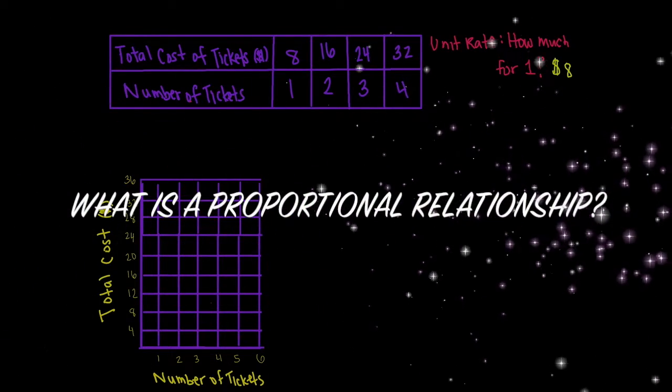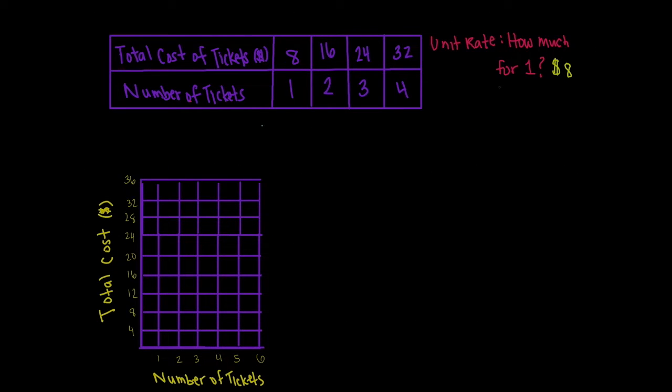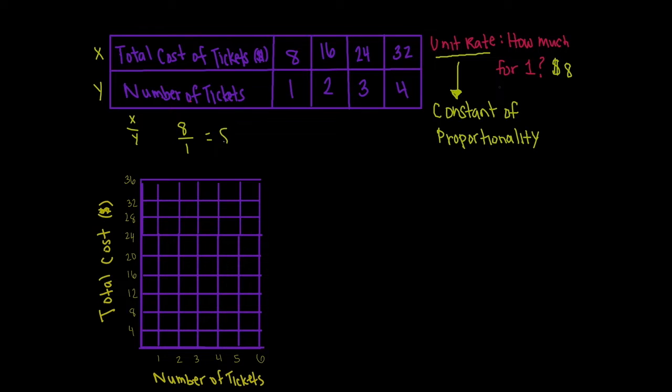So what is a proportional relationship? A group of ratios that are equivalent are in a proportional relationship. When ratios are equivalent, they have the same unit rate. The unit rate is called the constant of proportionality. So the total cost is my x, the number of tickets is my y. My first one is 8 over 1, which equals 8.